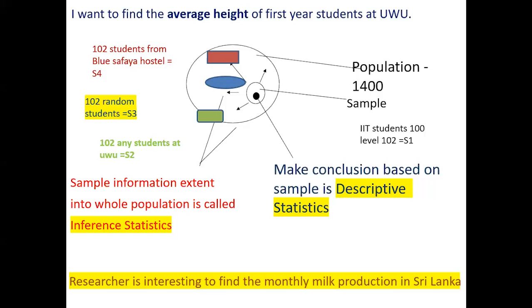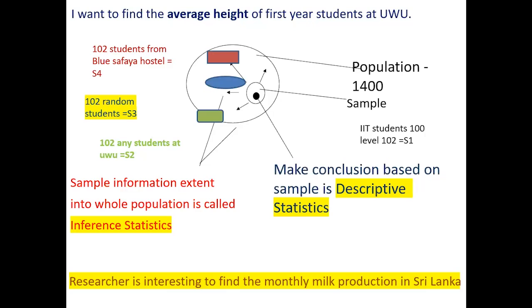Then we select some sample, or we cover some area, or sometimes our study is limited to some companies or some agency. According to that, we can decide what the sample is. When you are selecting the sample, you can decide how to select it based on your available resources and the scope.